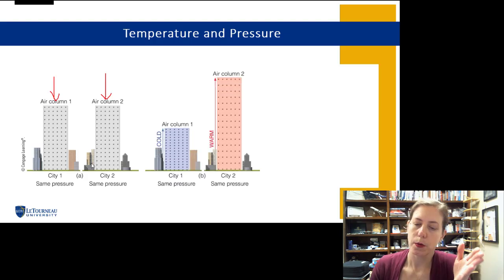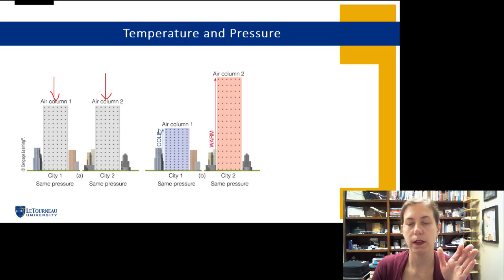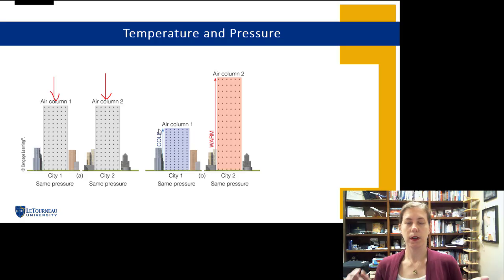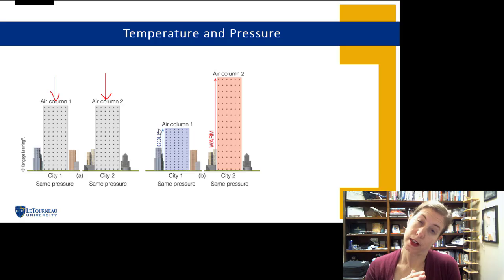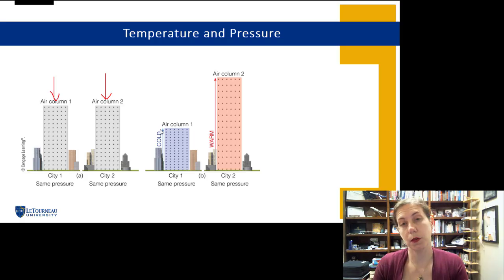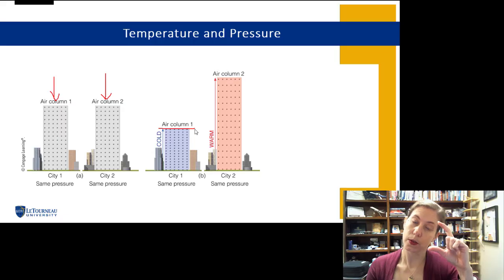If city number 1 gets colder, what happens to that air column? We've talked about how heated air is going to expand and cooled air is going to condense or contract. So with a fixed number of molecules in our air column in the city that gets colder, you notice that the air column shrinks.